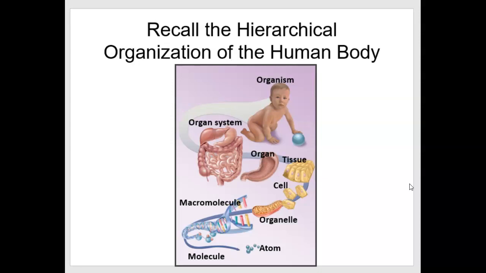If I take just the digestive system, then the organs that are part of that organ system include the stomach, the liver to some extent, the small intestine, the large intestine, the cecum, the rectum, the anus, and the organ shown here is the stomach, but as you can see, all the organs are diverse.